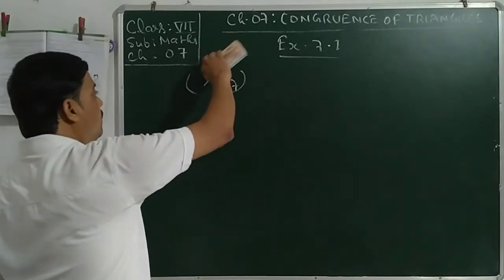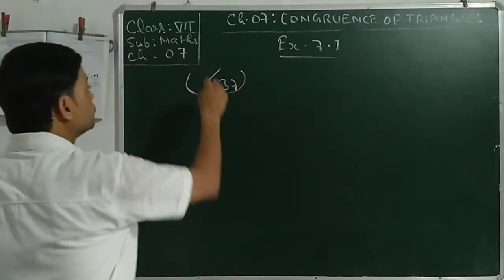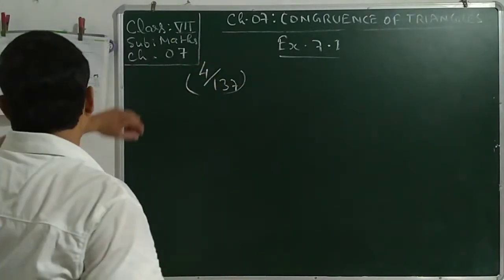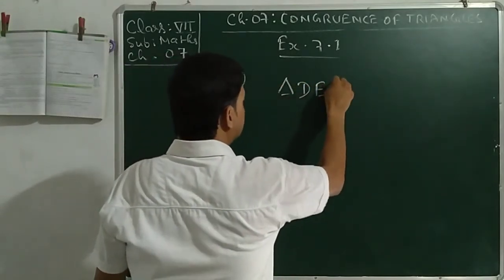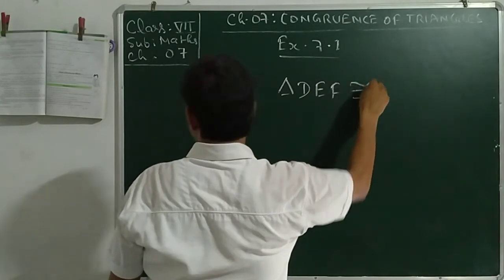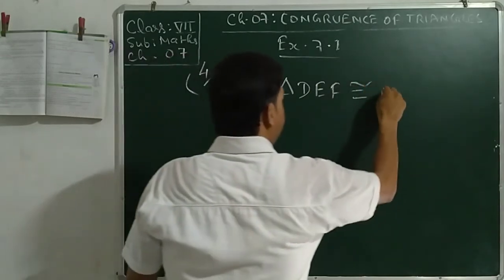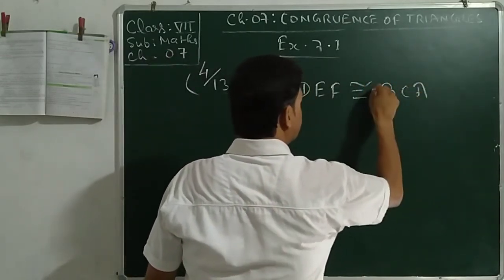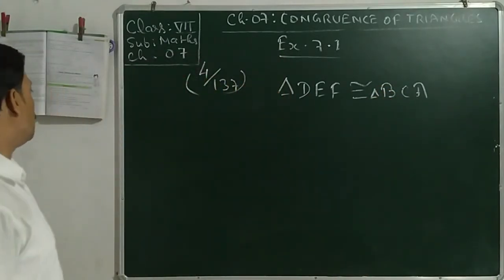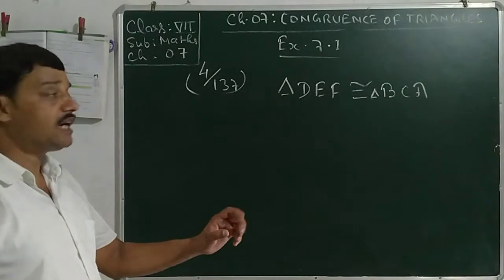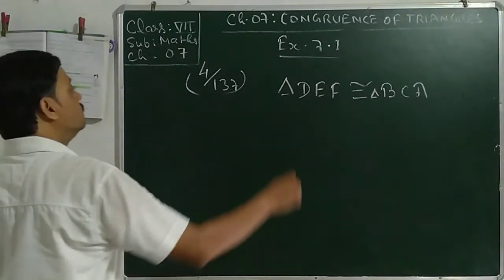See, in the 4 number sum, triangle DEF is congruent to triangle BCA. Write the parts of triangle BCA that correspond to the following.